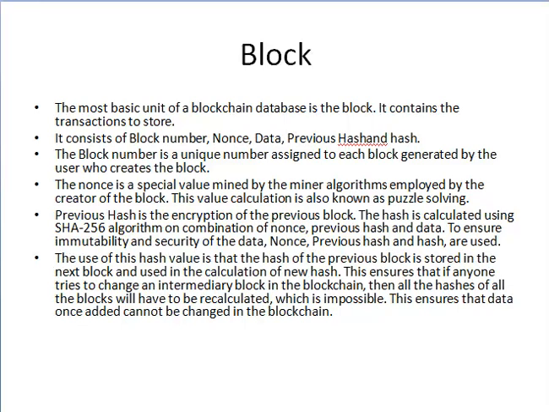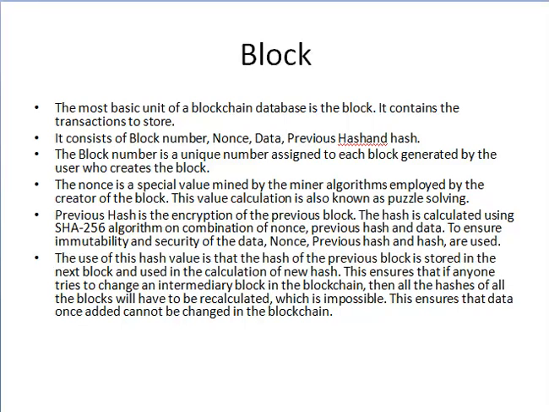Now, if you are wondering what a hash is here, a hash is a special number which is generated using the SHA-256 algorithm, and it is a combination of the nonce value, previous hash, and the data that you are going to store in your particular block. So basically you are encrypting your data with the help of the previous hash and the nonce, and then you are calculating the hash for the next block.